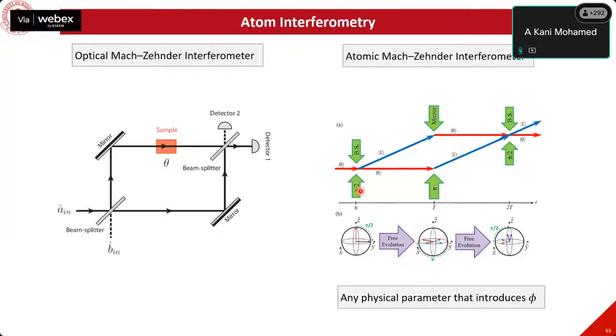So initially we used a pi by 2 pulse to split the atomic beam, and now we can use a pi pulse. What this pi pulse does is invert the coherent superposition. The 0 becomes 1 and 1 becomes 0. So now this beam, which initially gained a momentum of h cross k, is now losing the momentum h cross k.